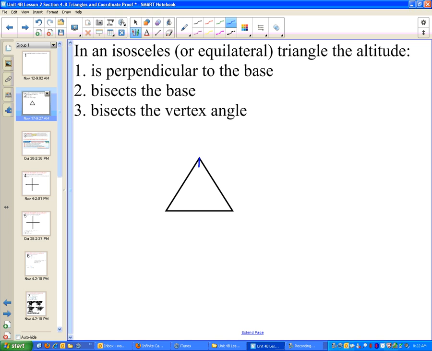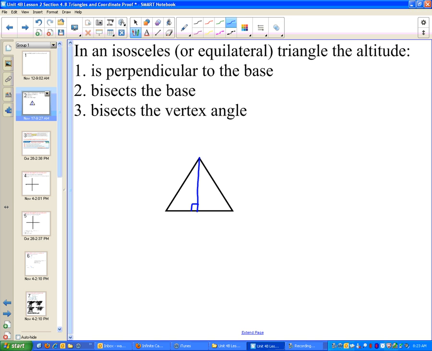So an altitude starts at a vertex and is perpendicular to the opposite side. We call the length of the altitude the height. So quite often we'll use height and altitude interchangeably. Technically they're not. The altitude is the segment. The height is the length of that segment. But we'll be okay. We'll use height and altitude pretty much interchangeably, and we'll understand what we're talking about.